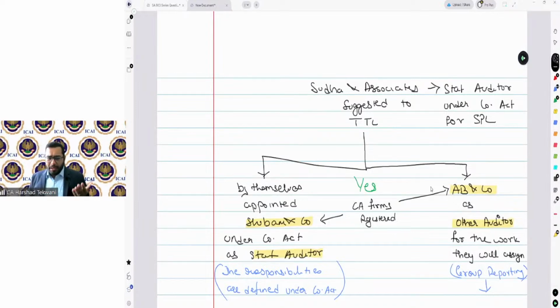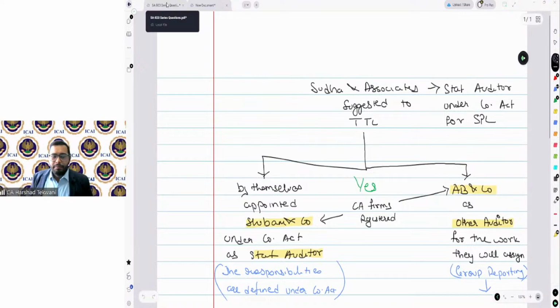That's why I said there could be two different auditors, one for the work that you want, and one as a statutory auditor as per the local requirements. If you are not able to perform the work, that could be the scenario.